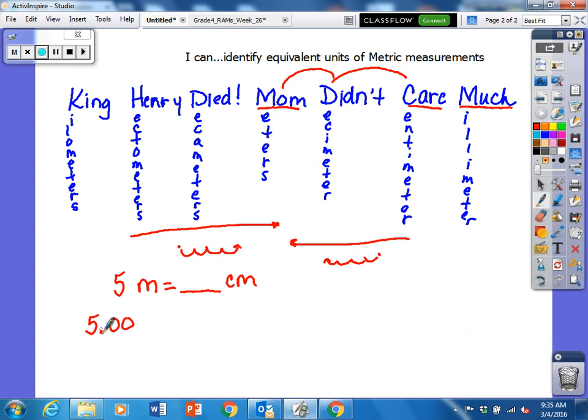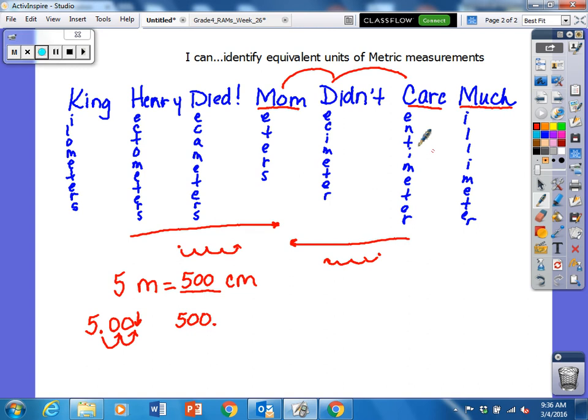That means I have to move my decimal point 2 places. Now this is where my decimal should go. So my new number is 500 with a decimal at the end. So 5 meters equals 500 centimeters.